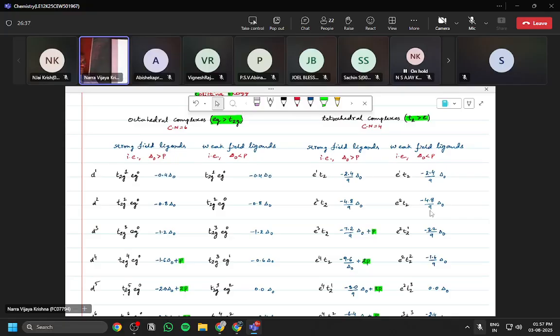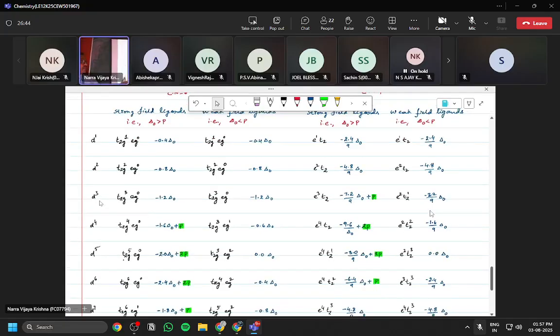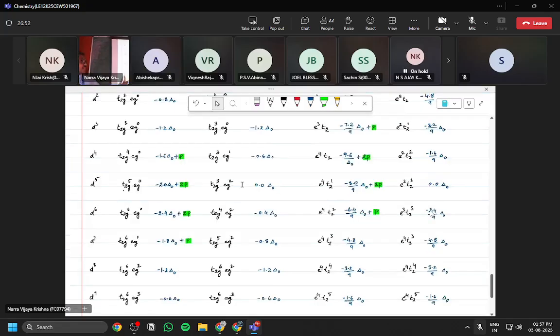Jahn-Teller effect or not? d2, d3, d4, d5, but not here. d5 in strong field shows Jahn-Teller effect, but not in weak field, because here all are equally distributed.